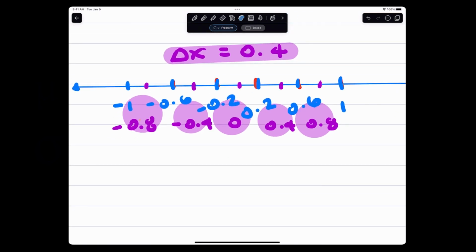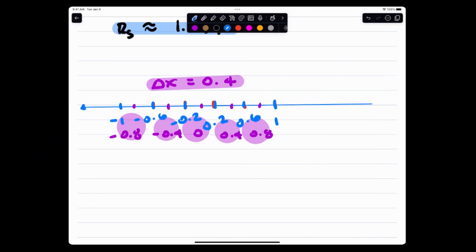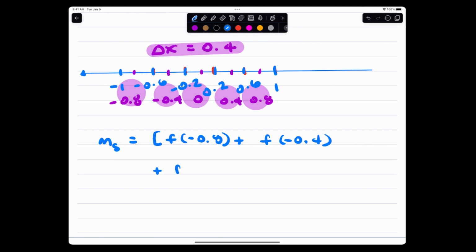So again, you say, well, what's going to be the midpoint formula here? M5. Well, put your parentheses, f of negative 0.8 plus f of negative 0.4 plus f of 0 plus f of positive 0.4 plus f of 0.8, and I'll do it down here.